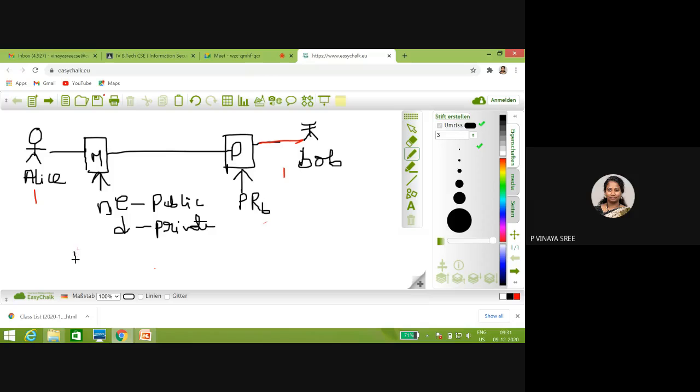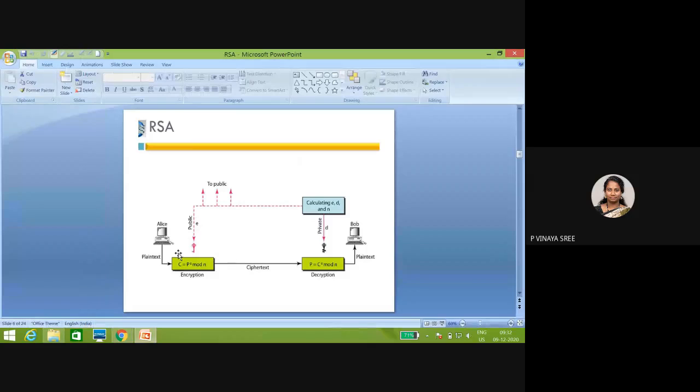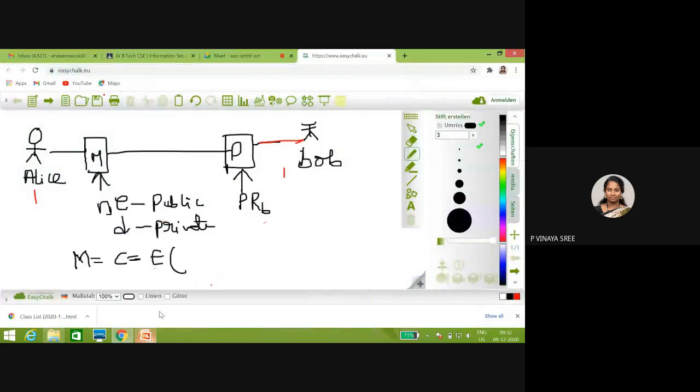So how will this message be encrypted? See how you will get a ciphertext: you are encrypting the message with the public key. So what is the formula for that? How are we generating C? C equals P to the power E mod n.